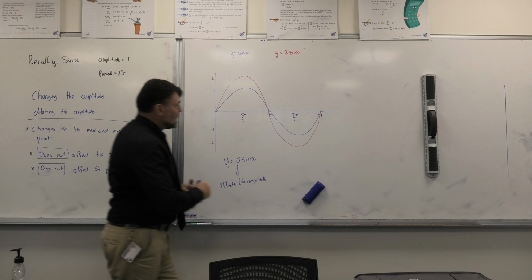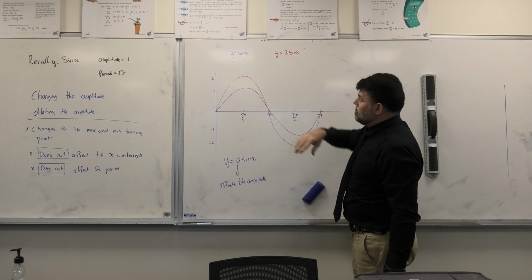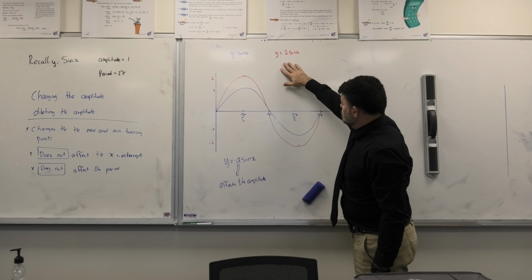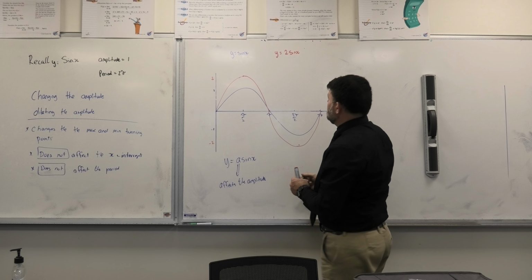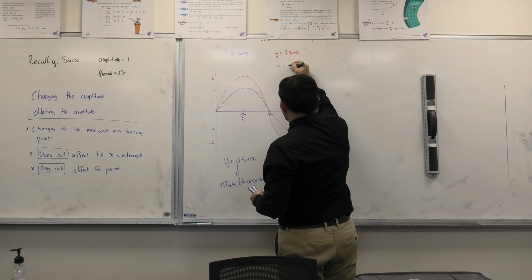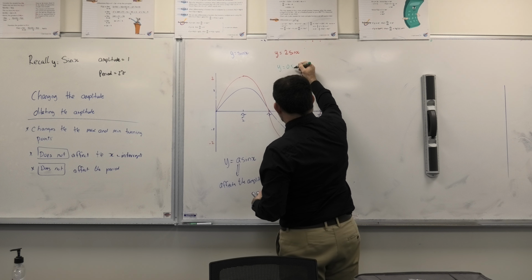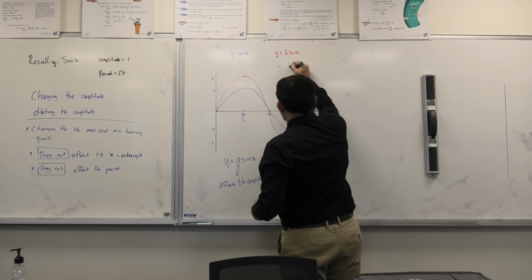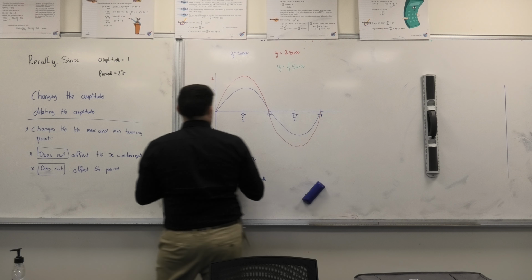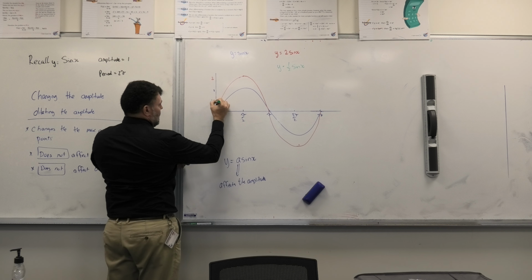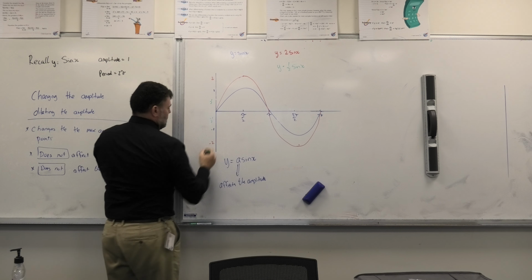So basically when it comes to changing your amplitude, we are changing the height. If we took a third example and wrote y is equal to half sine x, then I'm coming down to here and saying, well, here is half, here is half.